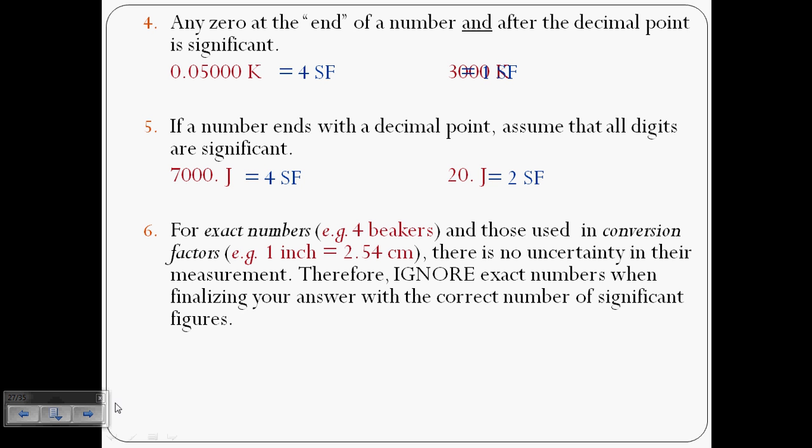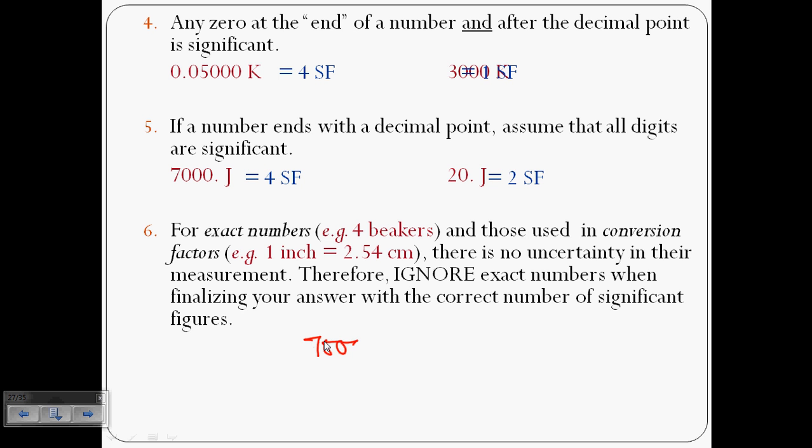And exact numbers that are counted and not measured have an unlimited number of significant digits, or they never limit your calculations, because there is no uncertainty in counting. There is uncertainty in measurement, but there's no uncertainty in counting.